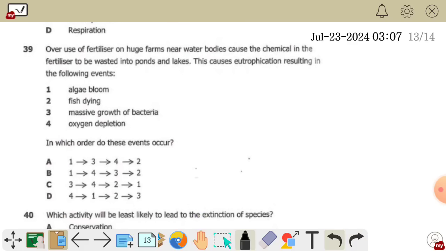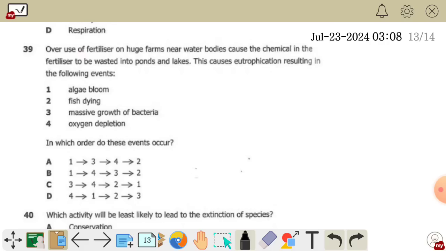Question 39. Overuse of fertilizer on huge farms near water bodies causes the chemicals in the fertilizer to be washed into ponds and lakes. This causes eutrophication, resulting in the following events. Number 1, algae bloom. 2, fish die. 3, massive growth of bacteria. And 4, oxygen depletion. In which order do these events occur? So we'll start with algae bloom.